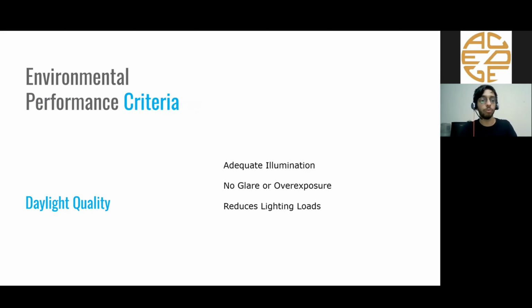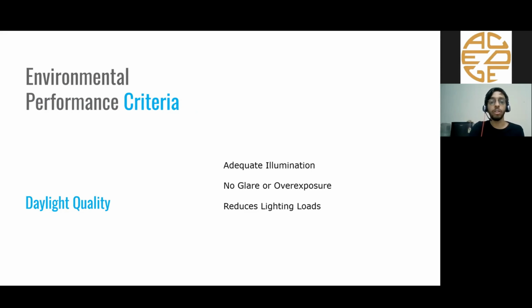Now let's go to different criteria. We'll try to describe the different criteria on which we evaluate the performance of the facade. So first is daylight quality. Daylight quality is very important. A lot of studies have shown that if in a room you have adequate daylight, your mood is elevated, and your mental health and well-being are much better.